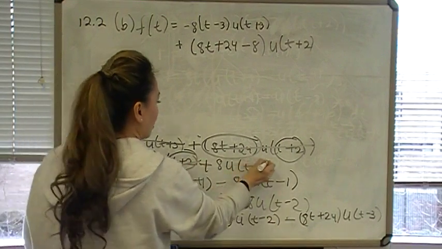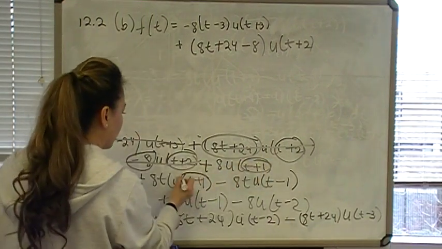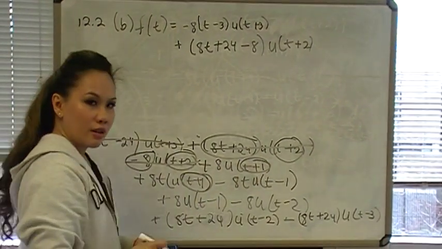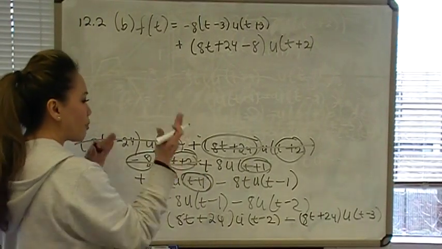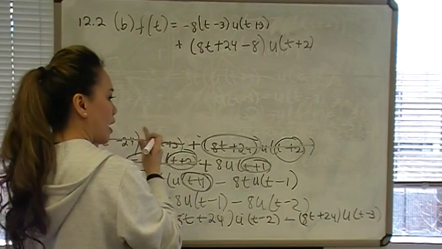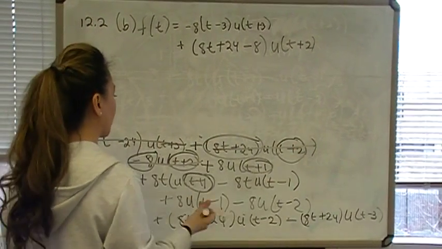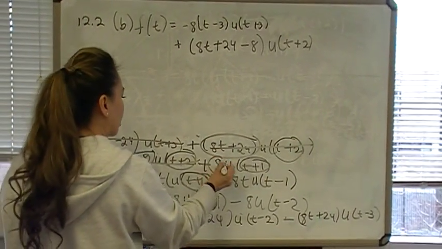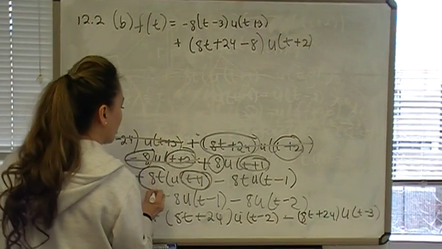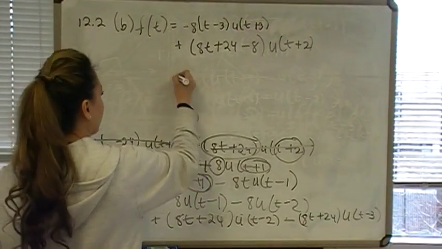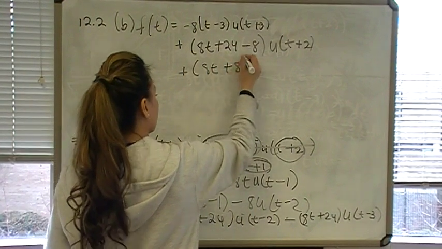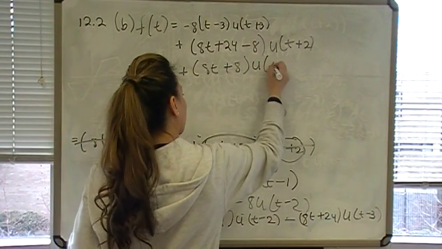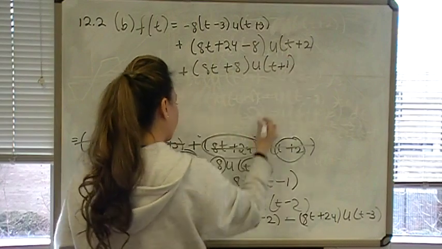Looking for t plus 1, and I have a t plus 1 here. Step functions are symmetric, so that's how they play out because you're subtracting time and they'll go in a progression. So I can combine the coefficient here, which is 8, with the coefficient here, which is 8t. That gives me 8t plus 8 times u of t plus 1.